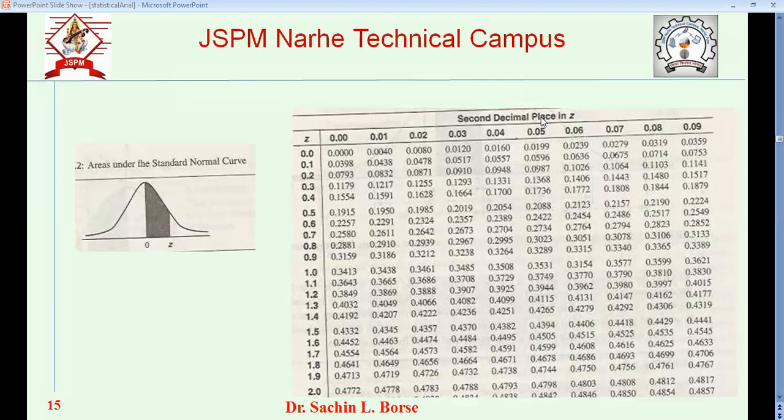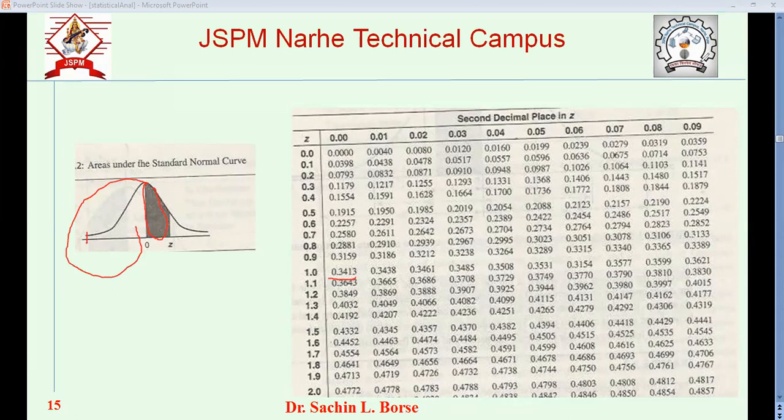Please understand, you have to refer to that. Here Z is 1. So how much is it giving? 34.13, because they have taken the area from 0. If they take the area from the left, then you have to add 50%.